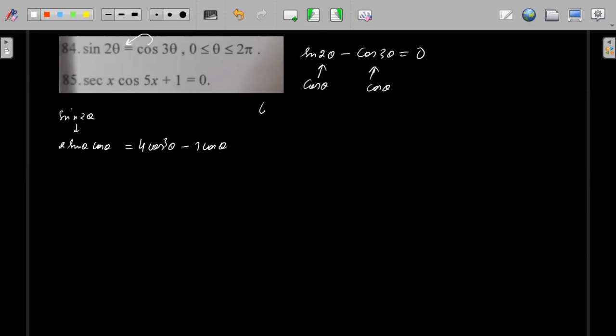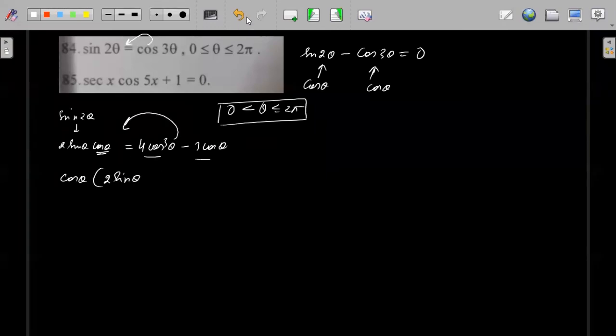And theta is between 0 and 2 pi, right? So I think you have to find the number of solutions. I think you have to find the general solution. Okay. So from here I can take cos theta common, and from here I have cos theta common. So I will take everything on this side.